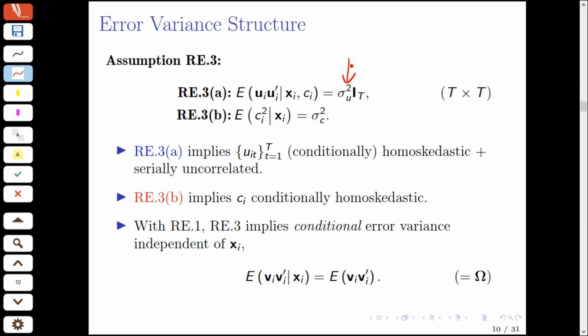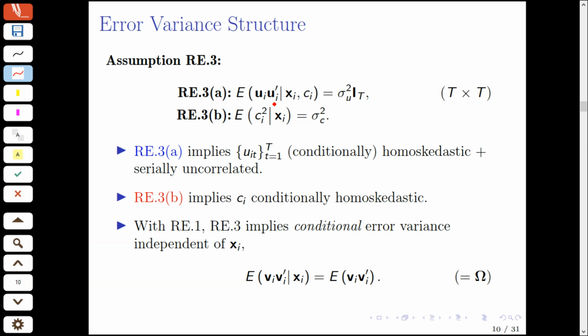That is, it is proportional to the identity matrix, which here is T-dimensional, up to some proportionality factor, which we'll denote by sigma squared u, representing the variance of the idiosyncratic errors. The second part states that the individual effect's conditional variance, conditioning on regressors in all time periods, is constant. That is, it doesn't depend on the regressors.